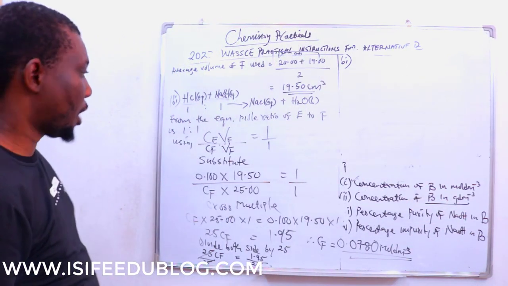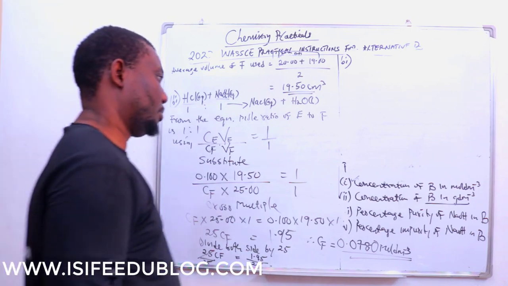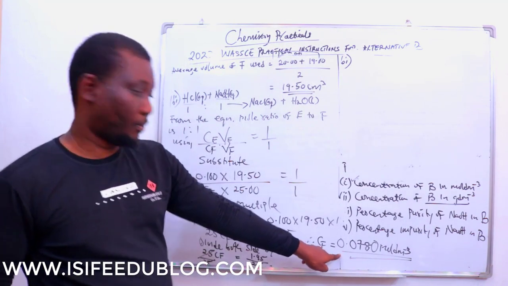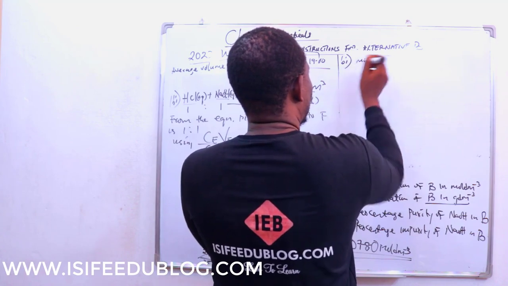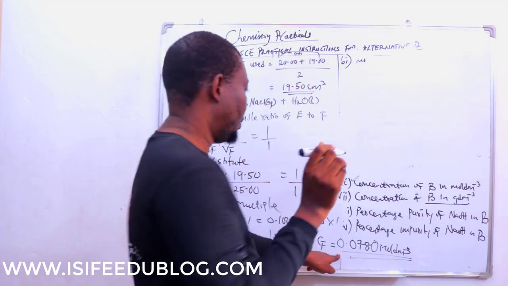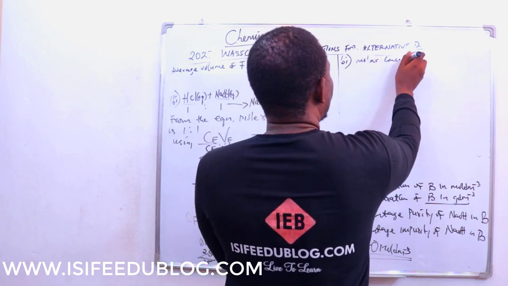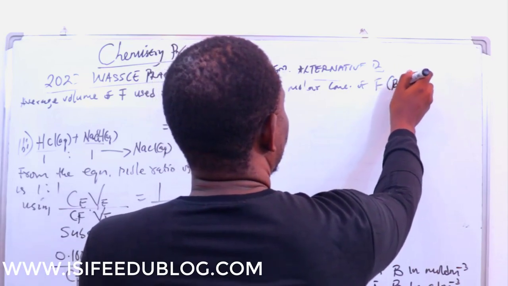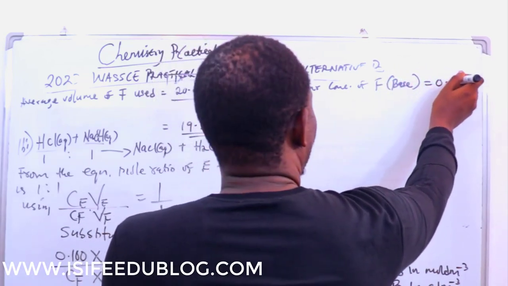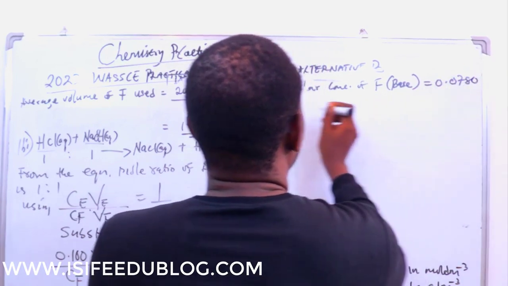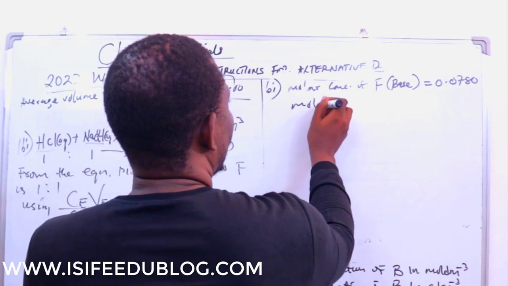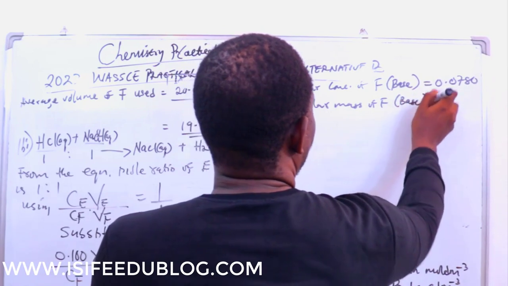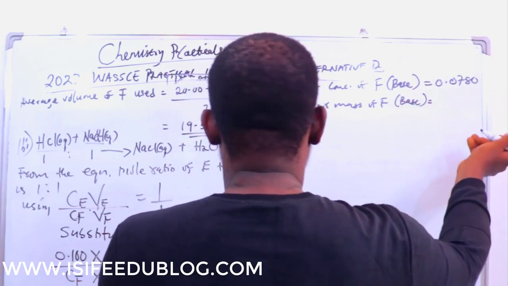What we do now is you will recall that this is the molar concentration of F. So you can say molar conc of F is the same thing as saying concentration of F. The molar conc of F, that is our base, is 0.0780.